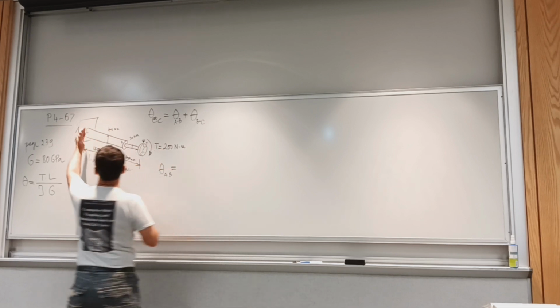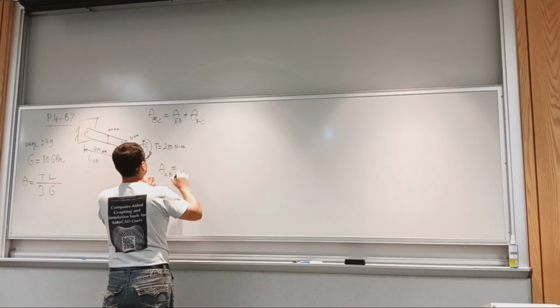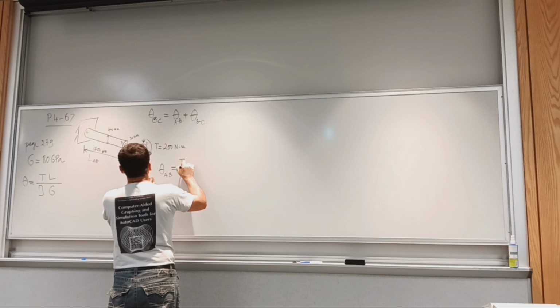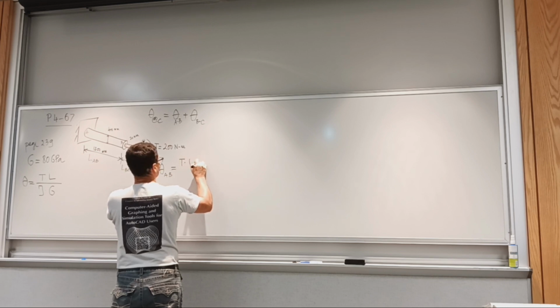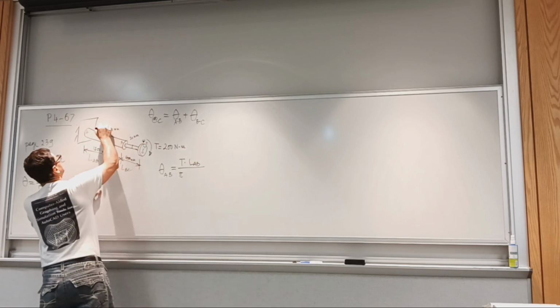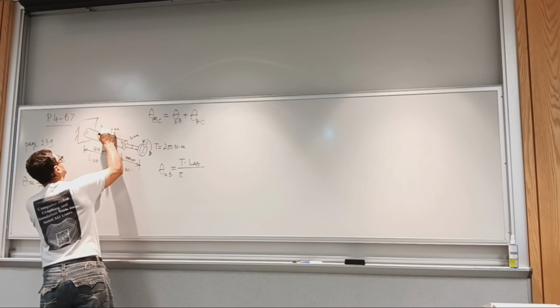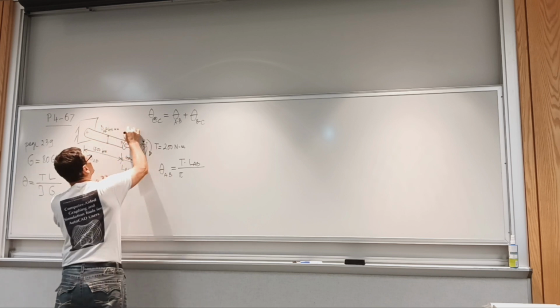Why is it the same? Because this end is fixed. So it's going to be the torque times length AB over pi, and let's call this DAB, and let's call this DBC.